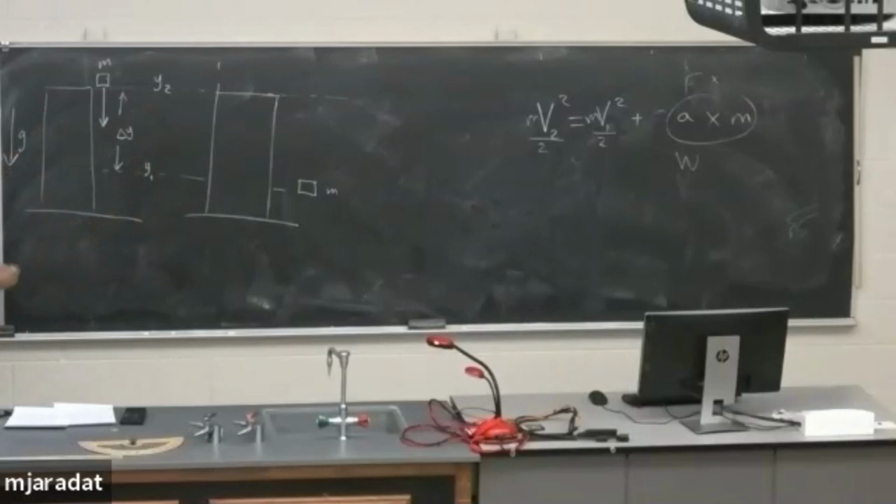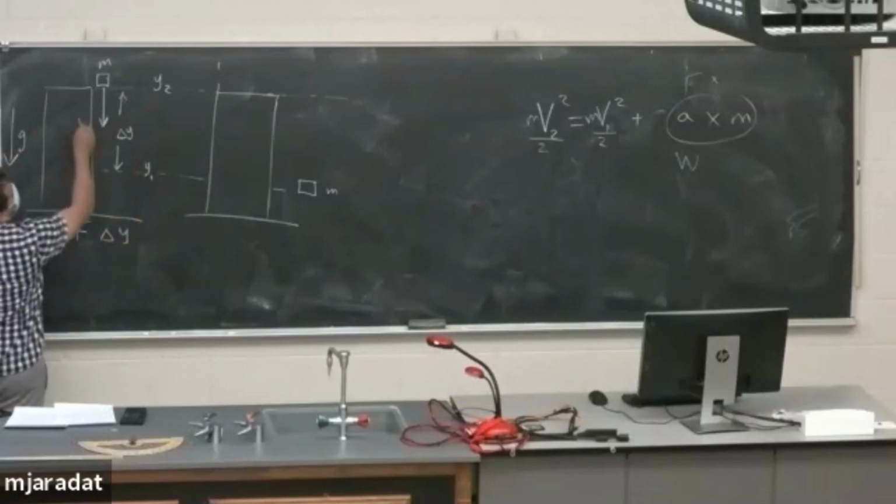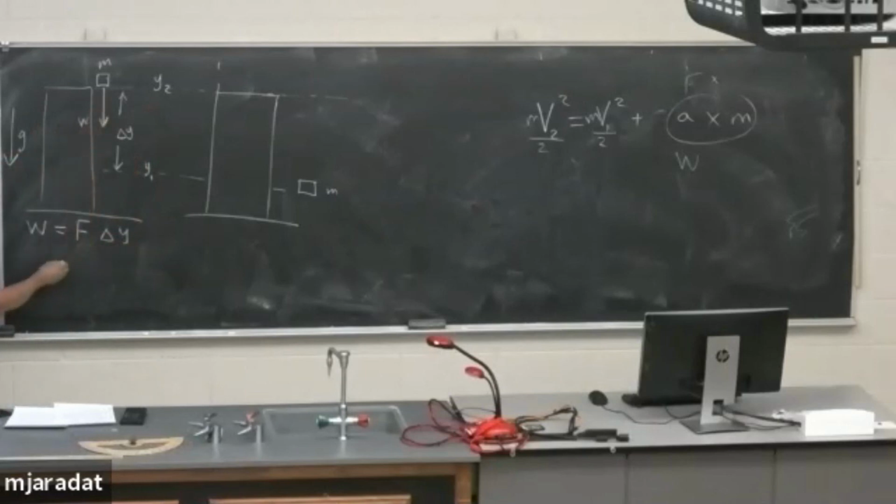What is the work? The work is equal to F multiplied by delta y. What is the force in this case? It is the weight. We have the weight downward, which is mg. What is delta y? It is y final minus y initial.